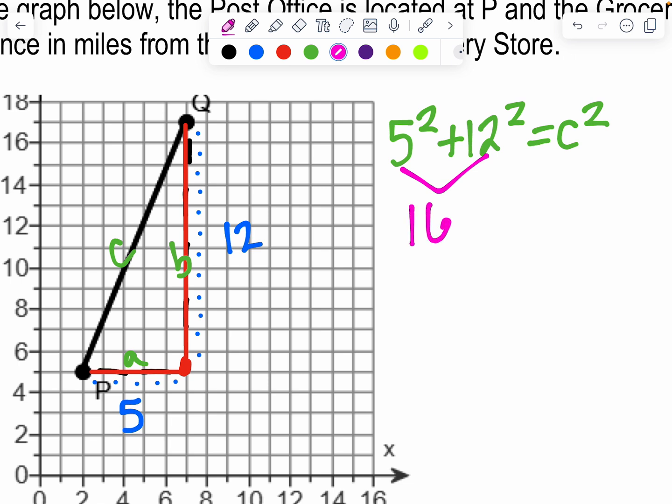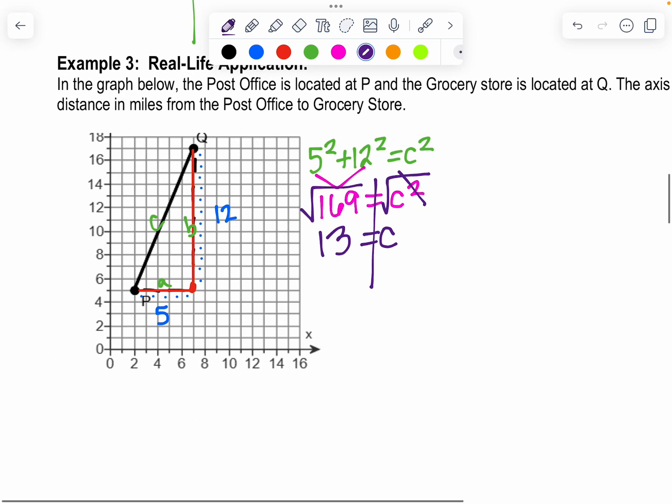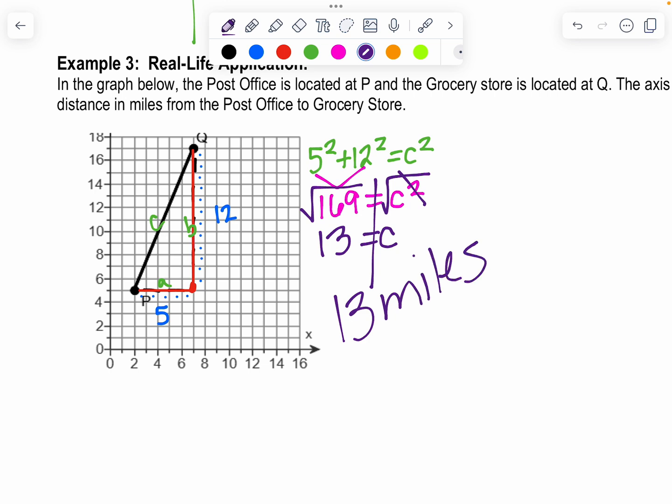Add those together, you get 169 for c squared. You got to get c squared by itself, so you square root. So c equals 13. And we are talking about miles. So it's 13 miles from the post office to the grocery store.